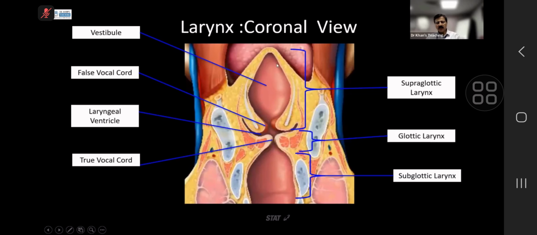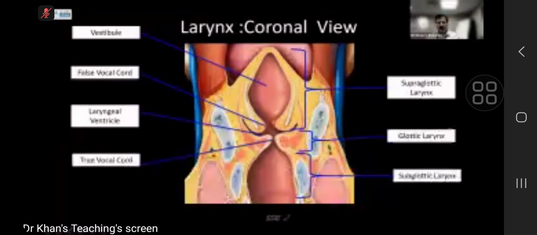Superior to that is the supraglottic, and inferior to that is the subglottic, with tumors which can involve all of them.